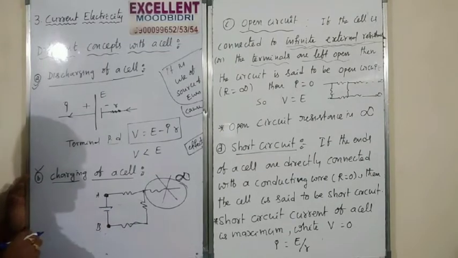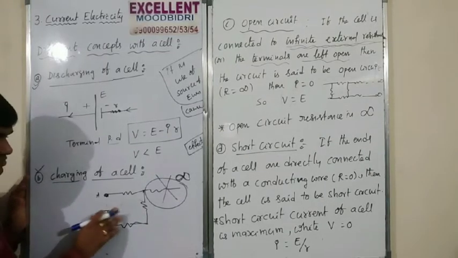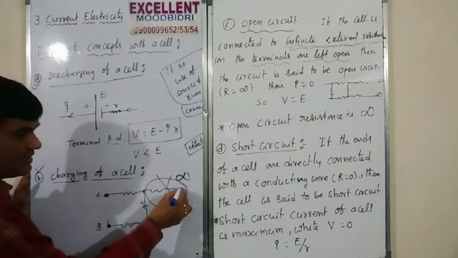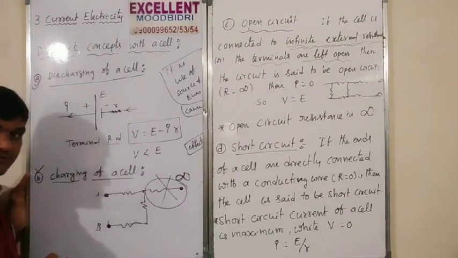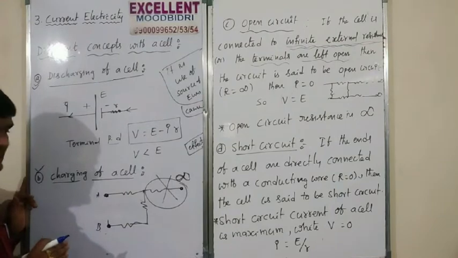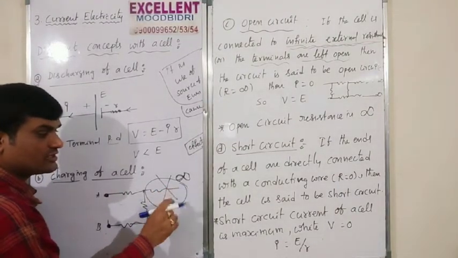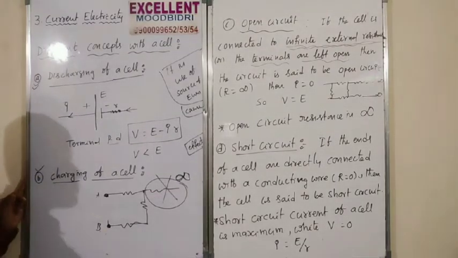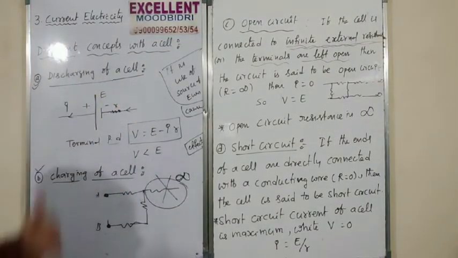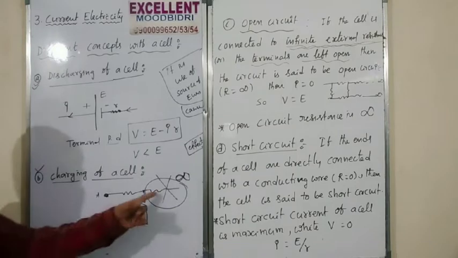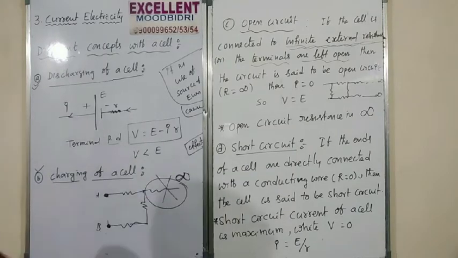If the symbol is not there, that is the open. In that case, we can neglect the given resistor value.